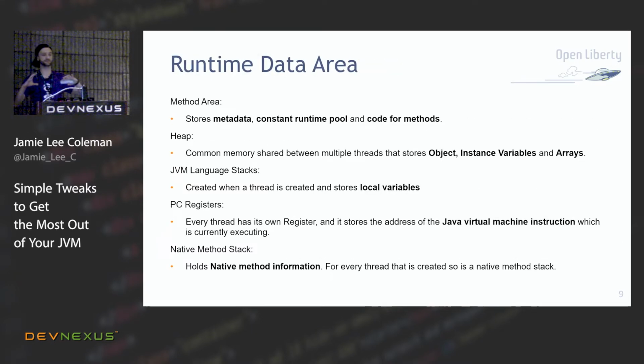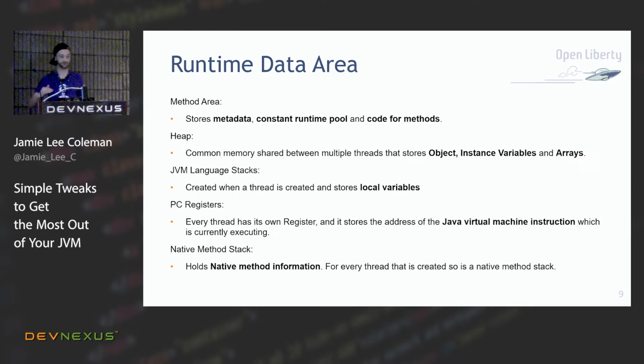So if we go down a level to the runtime data area, this is responsible for different things. So the method area stores metadata, the constant runtime pool, and the code for your methods. The heap part is a common memory shared between multiple threads, and it stores objects, instance variables, and arrays.